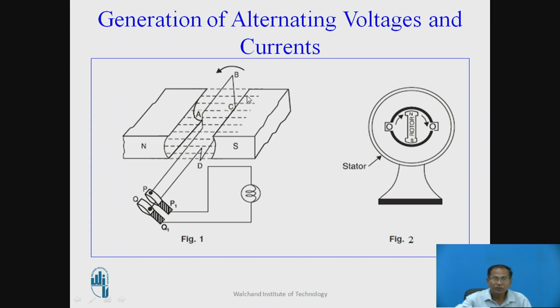In figure 2, the magnetic field is rotated with a constant angular velocity and the coil is stationary. Figure 1 represents the alternator and figure 2 represents the generator.